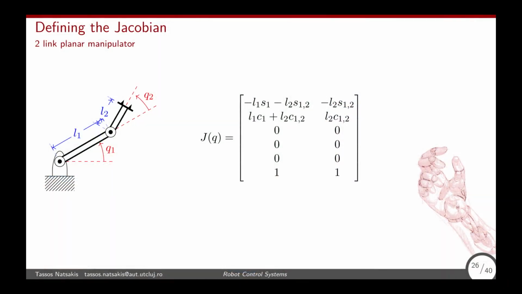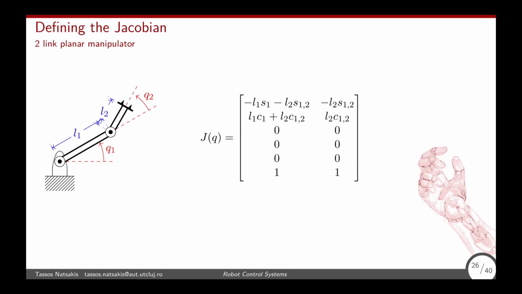So I will end up with, this is basically the first part there: minus L2 S12 minus L1 S1, L2 C12 plus L1 C1, and 0.